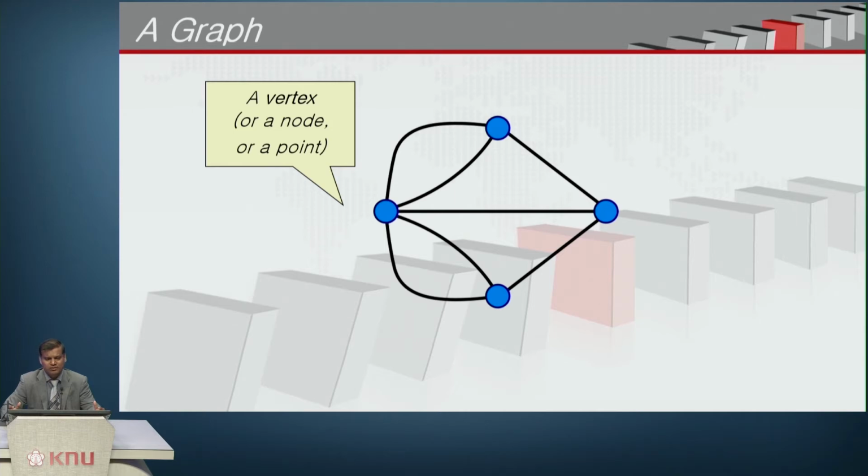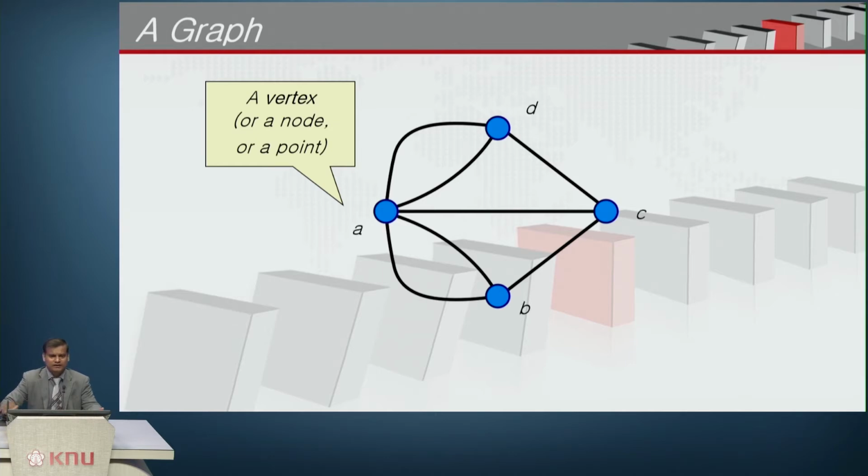We call one a vertex, and multiple of them are called vertices. Generally in our course we use the term vertex or node, just as a reminder, and different books use different notations. Mostly they use node or vertex.